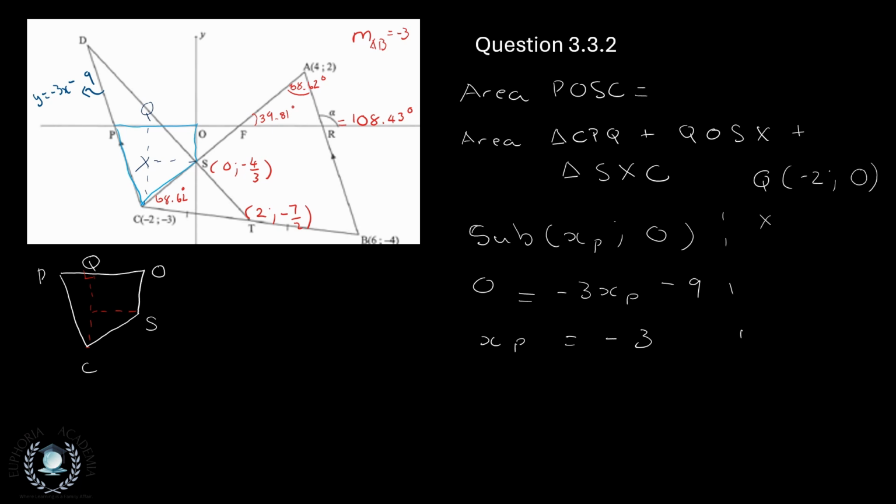And then point X is also on that vertical line, and so it has an x coordinate of minus 2 and a y coordinate of minus 4/3. And yeah, we just got P has x coordinate minus 3 and y coordinate 0.